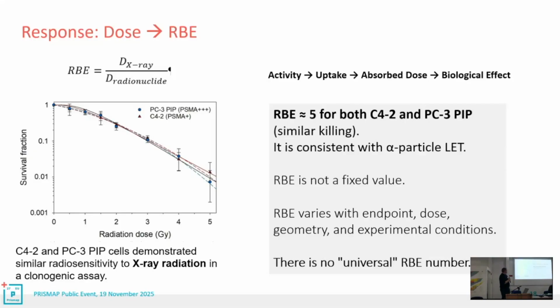But the RBE is not a fixed value. It varies with the endpoint, the dose, the geometry, and experimental conditions, and therefore we can't consider there to be any universal RBE number.